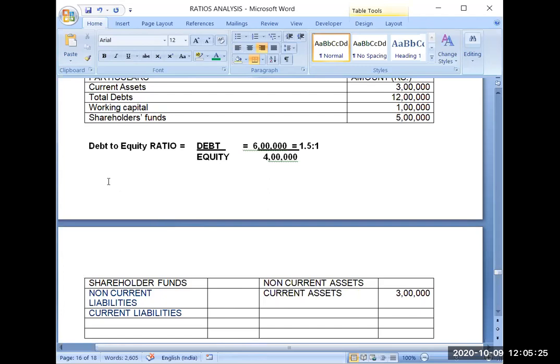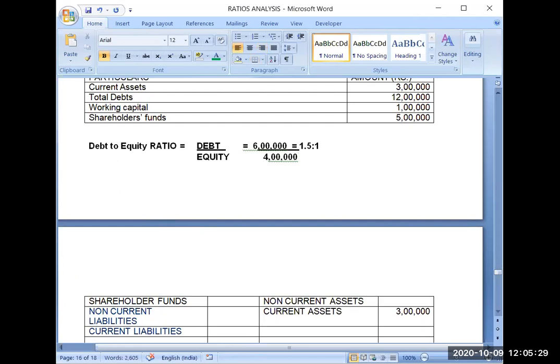So now how will I solve this question? First, I will write the formula of working capital. Working capital is equal to current assets minus current liabilities.